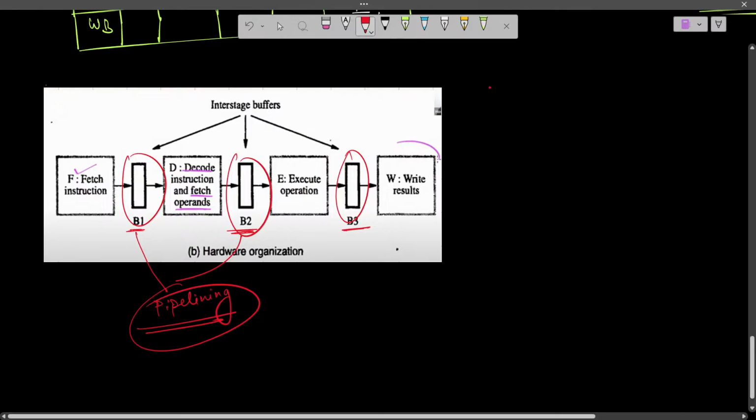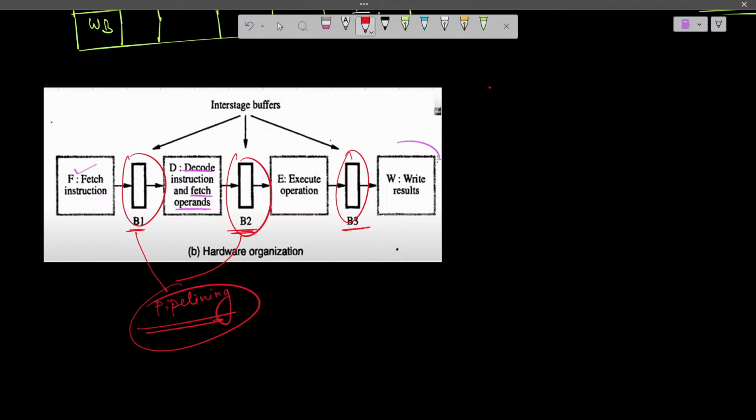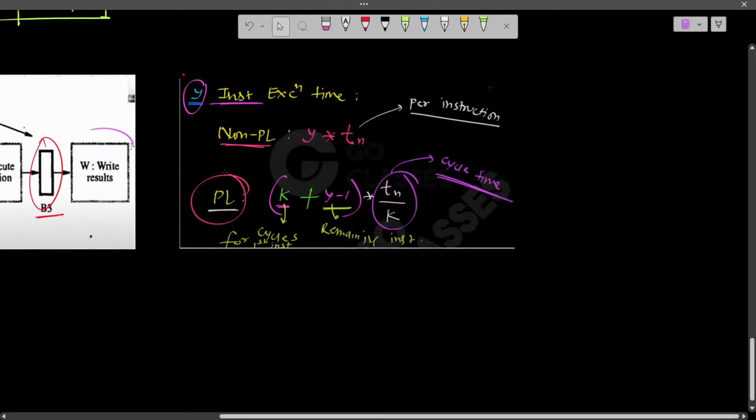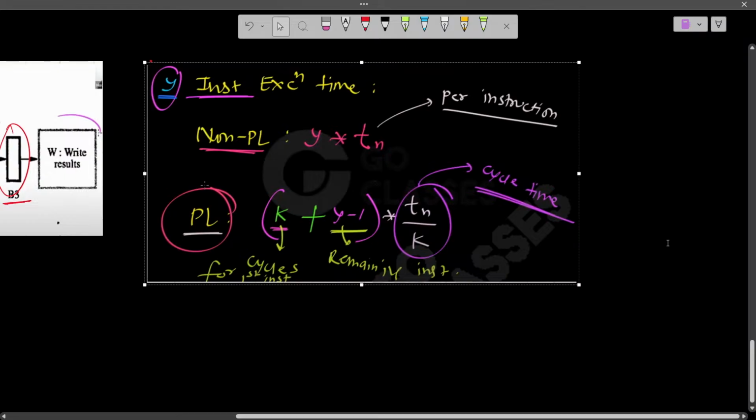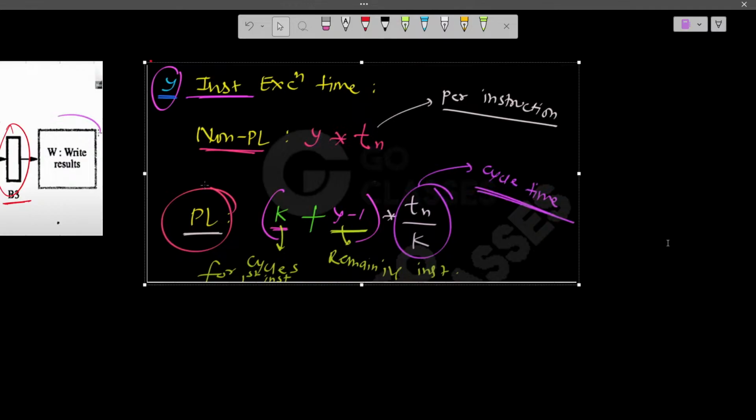Next, let's generalize the pipelining formula, which is instruction execution time.